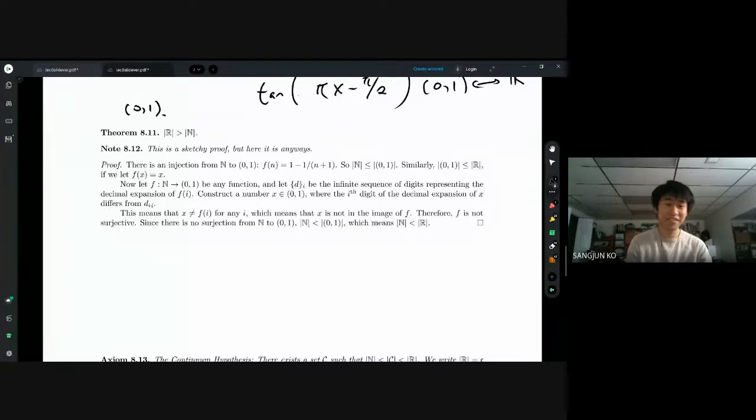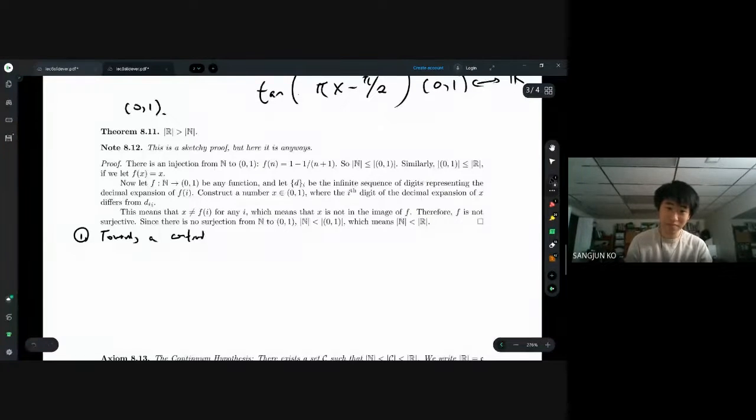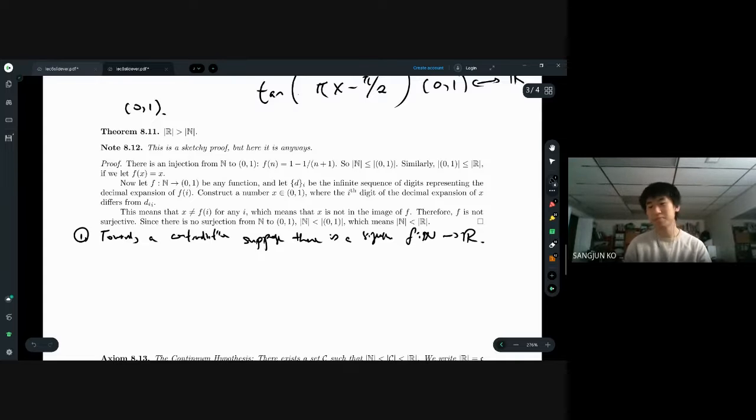So your first step should be towards a contradiction, right? Suppose there is a bijection f from N to R, which says towards the contradiction.